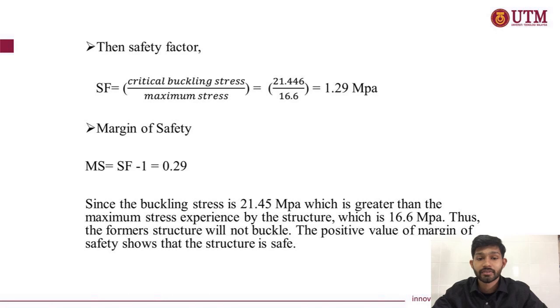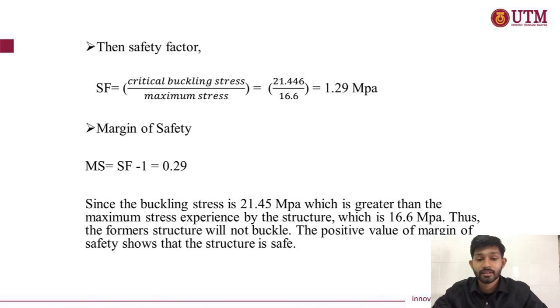Next, we calculate the safety factor. The formula used is critical buckling stress over maximum stress. The critical buckling stress that we obtained just now is 21.446, and 16.6 is the analysis done using the software FreeCAD. Once we substitute, we get 1.29.